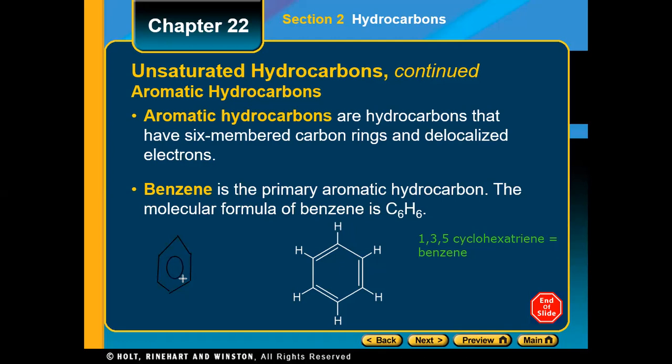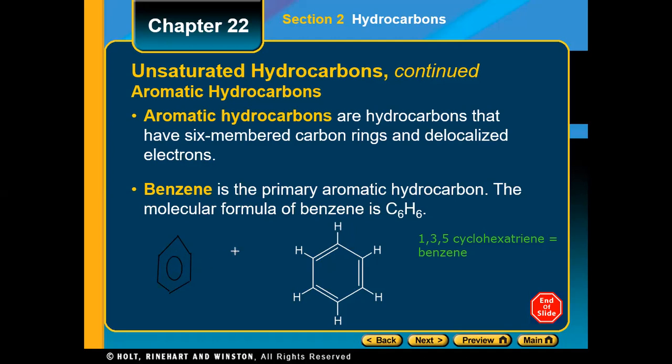This circle in the middle means that the double bond that you have here is not fixed between these two atoms. Sometimes this double bond breaks off and then it forms here. And when that happens, this also breaks off and forms here, and this breaks off and forms here. So the double bond keeps rotating inside of the hexagon, okay? And that's why they draw it this way.